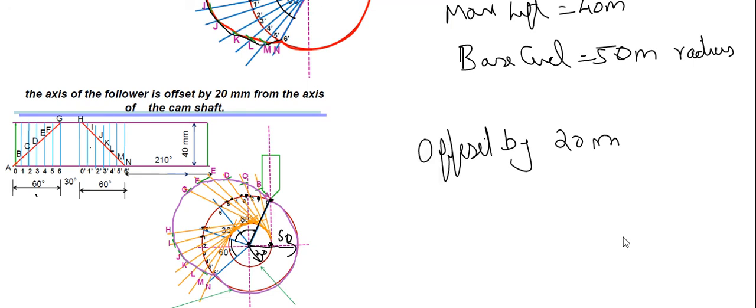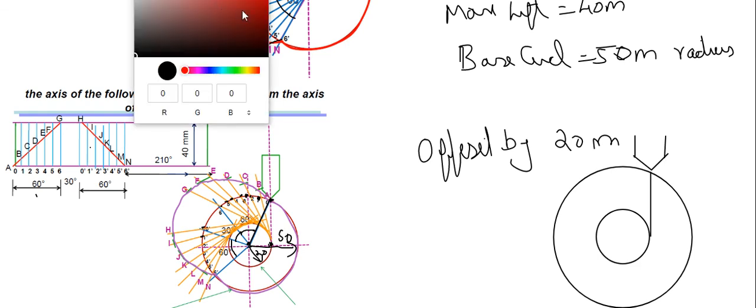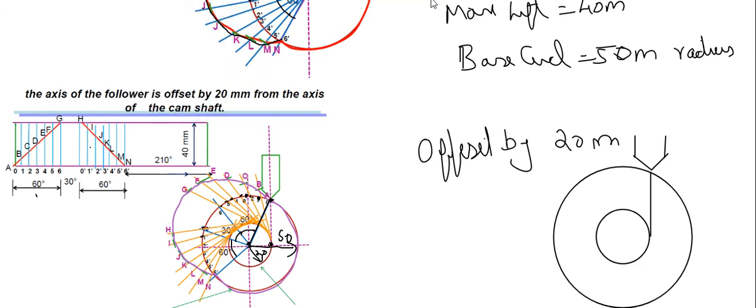So if this is your offset circle, and this is your base circle, we have a follower. Let's assume the follower is placed there. Let's take another color. So if this is the center, from there we mark a 60°, a 30°, and another 60°.